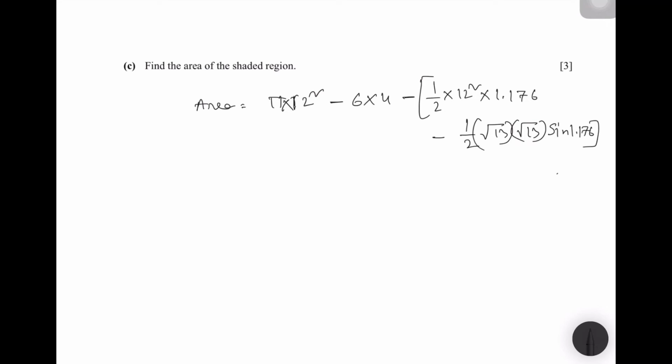Now we can easily use the calculator to find out the answer directly.